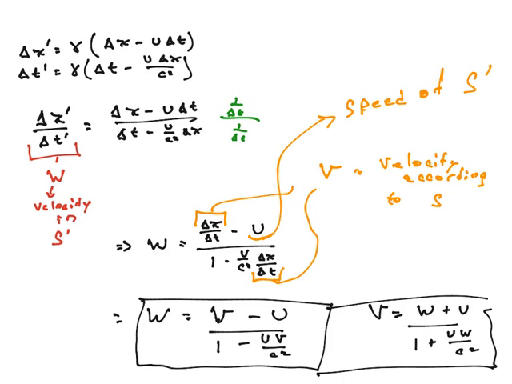So let's test it. Let's see with our particular example, what do we get? We're told that according to you, who's on the train, you have a speed w of the bullet, which is c over 2. The train is moving with a velocity of 3c over 4. And I want to know, what do I see as the speed of this bullet?